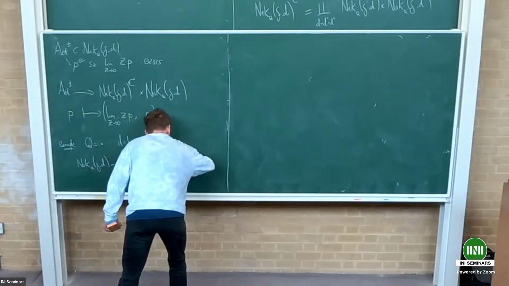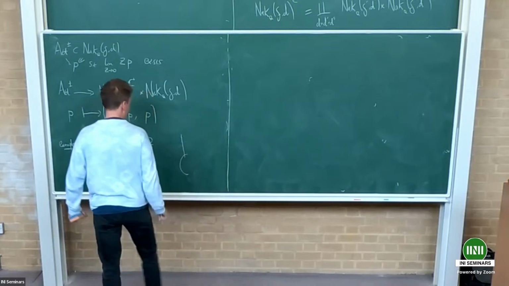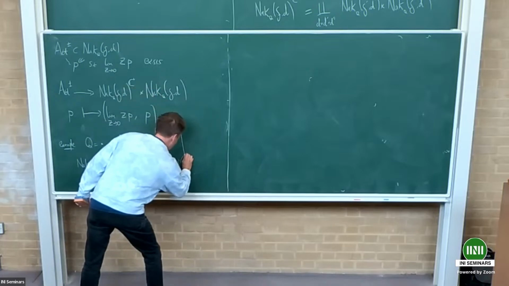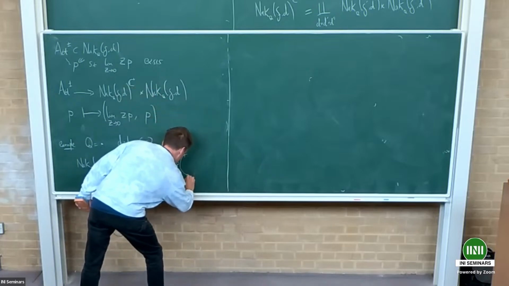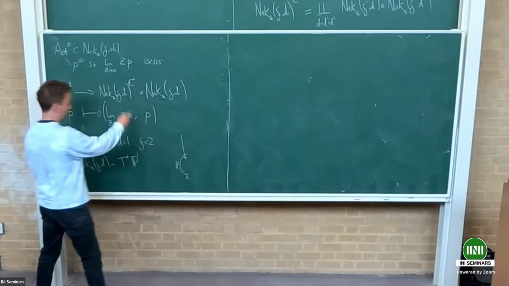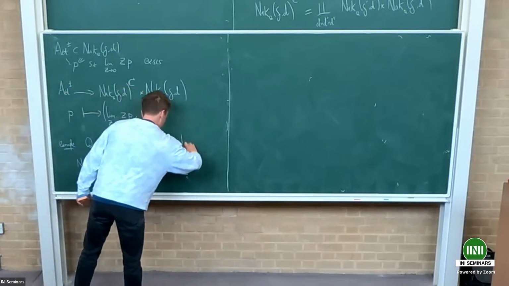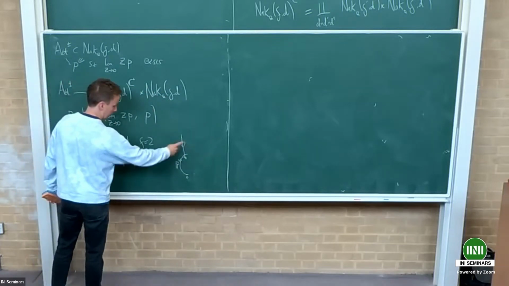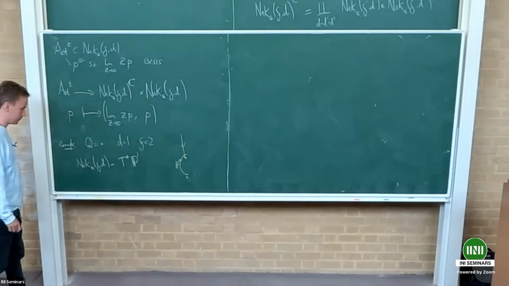Let me draw that like so. Here's my copy of P1. Here's the fiber at infinity. Here's the fiber at 0. Depending on which sign I picked, my flow lines look like this. If I pick the other sign, then I reverse the direction of the arrows.